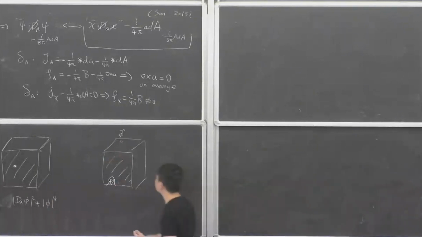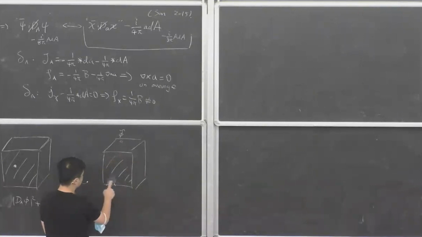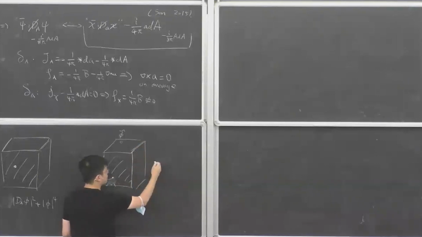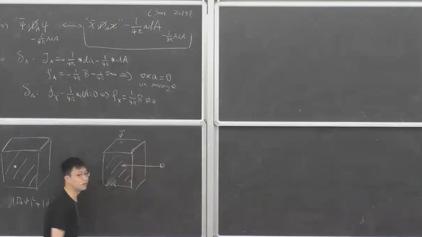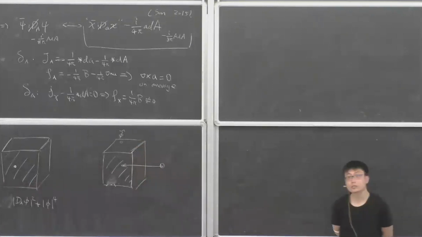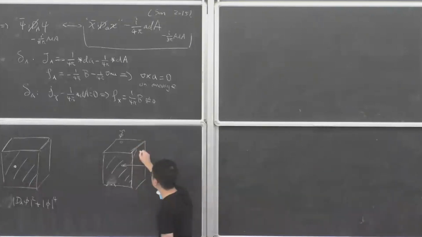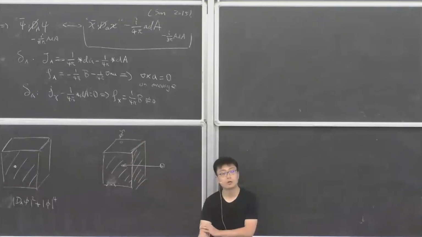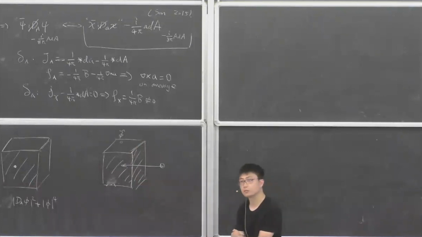And I can make this more precise by imagining I have this U1 gauge field in the entire space, and then I drag a monopole from the vacuum into my bulk, and on this surface, I will leave behind a vortex. So that's how the bulk monopole corresponds to the vortex on the surface.